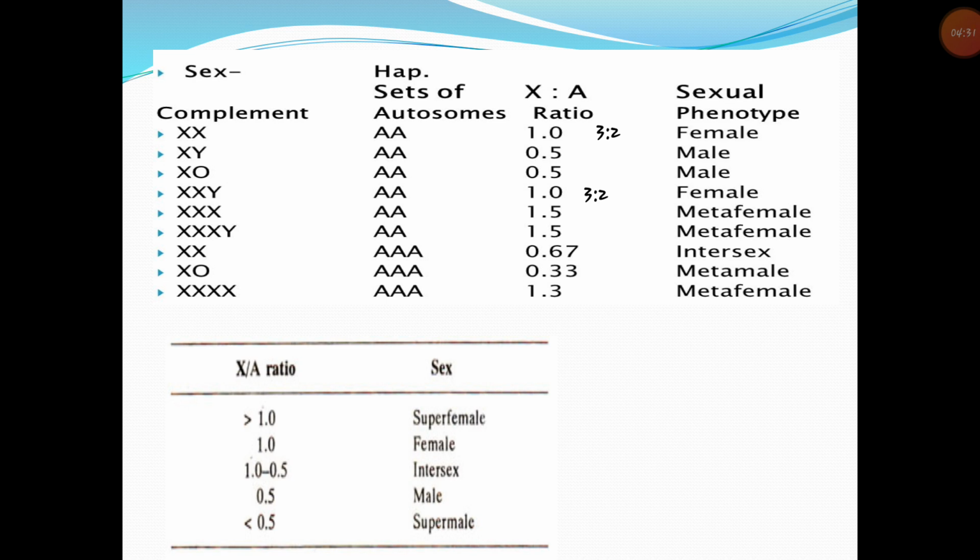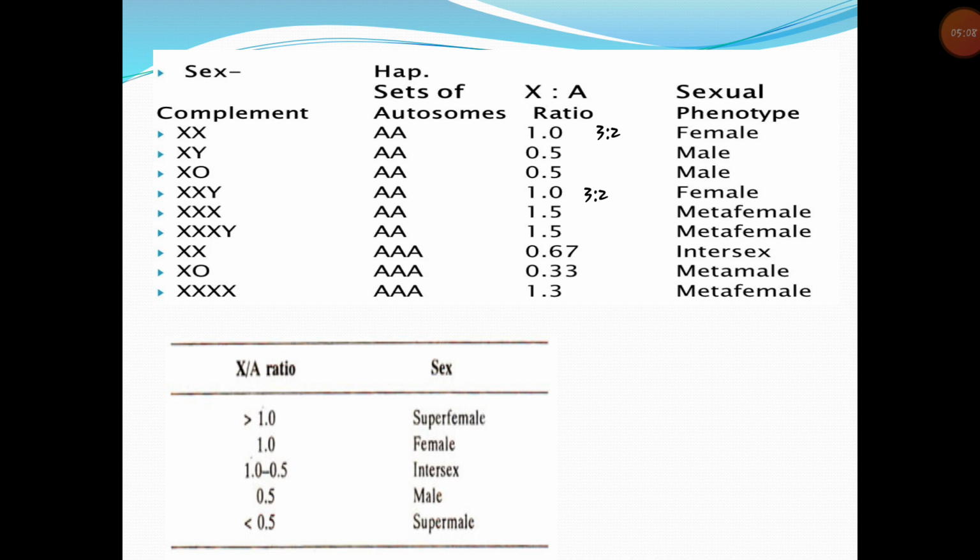Then AAXY produces male, with the ratio 2:1.5. Then AAXXX, the super female or metafemale, has low viability. Then AAAXY, the super male or metamale. Then 4A and 4X is a tetraploid female. Then double A and XXY is female. Triple A and triple X is a triploid female.